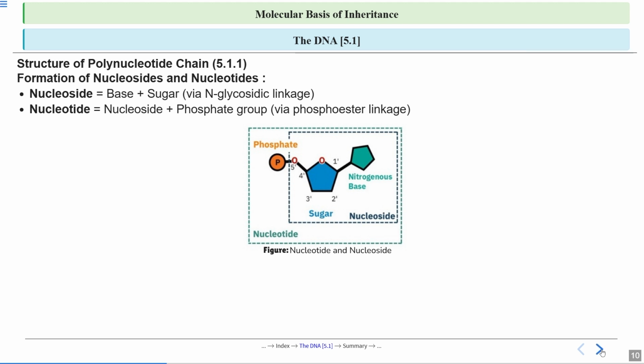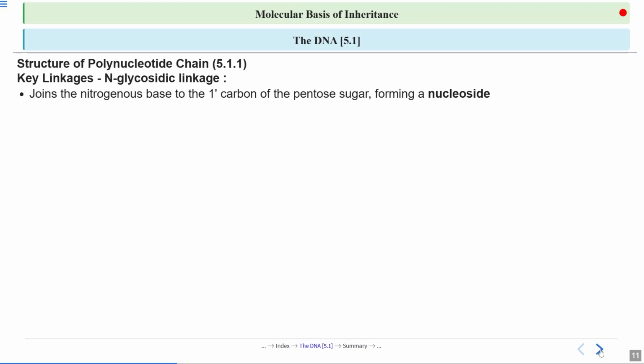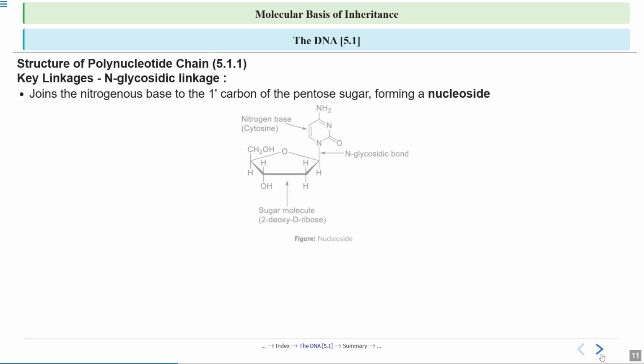Now, next, the key linkages. The N-glycosidic linkage, as I said earlier also, joins the nitrogenous base to the 1' carbon of the pentose sugar, which is forming a nucleoside.